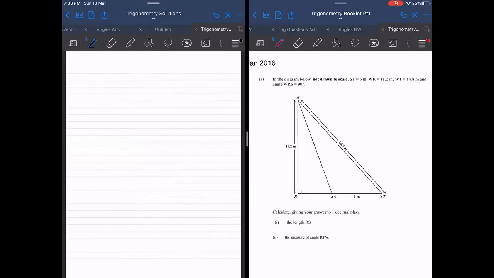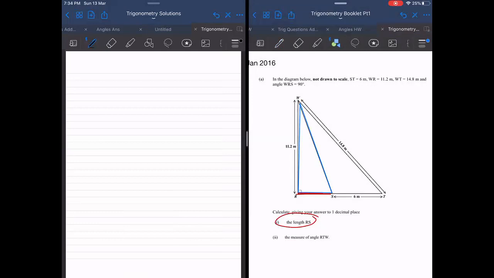All right, so they've given us the information and they're asking us for the length of RS. Now we're seeing a right angle triangle, so we know immediately we want to be thinking about stuff like Pythagoras theorem or the trig ratios. Some of you might want to think first about that triangle.